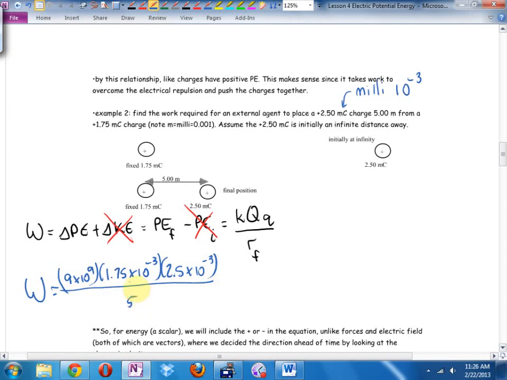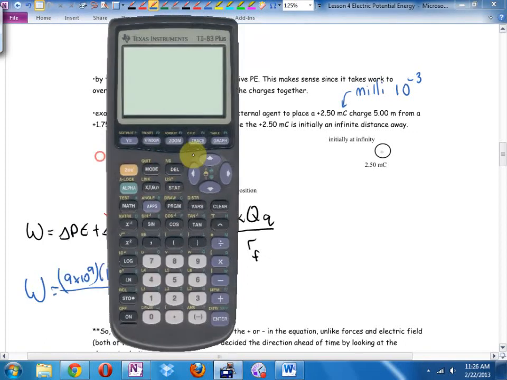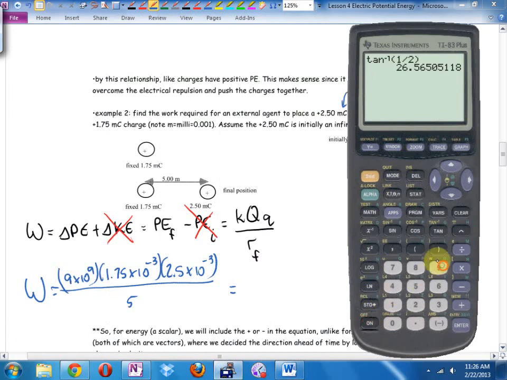Final distance, final radius is 5. How much work does it take? You get 7875? That's to 4 sig figs. So 7,880 to 3 sig figs.